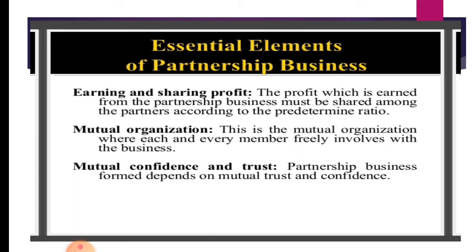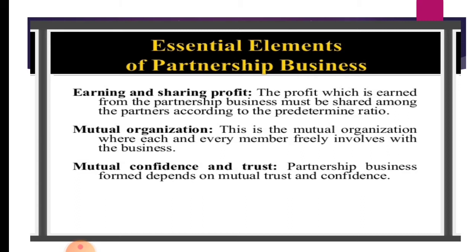So according to the contribution made by the partners, the ratio of the profit will be determined. This is an unequal ratio, determined according to the investment made by the partners. So these are the two types of sharing the profit. Either they might share it equally or according to the investment made by the partners.